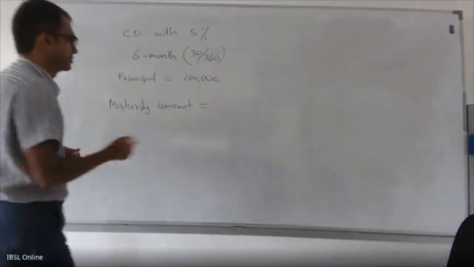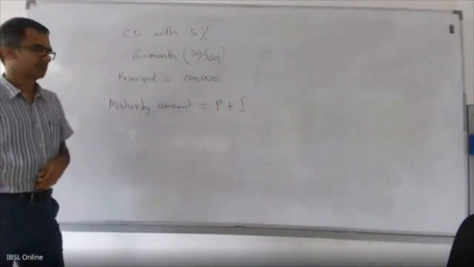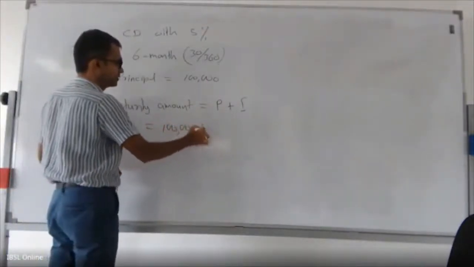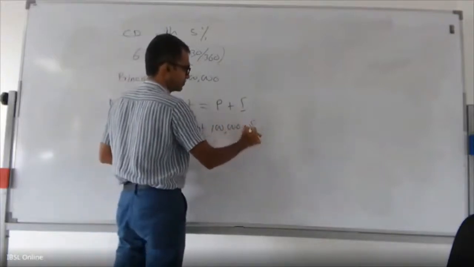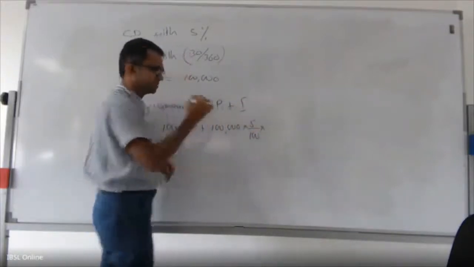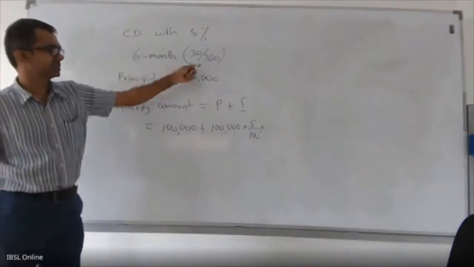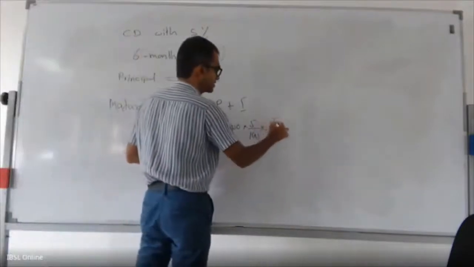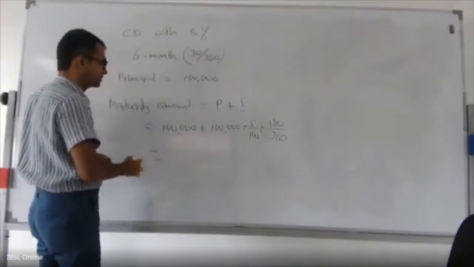You get principal plus interest. Simple. What is the principal amount? 100,000. What is the interest amount? 100,000 times 5%, but for a 6-month period on a 360 day count basis, for 6 months there are 180 days. Divide by 360. What's the total amount?